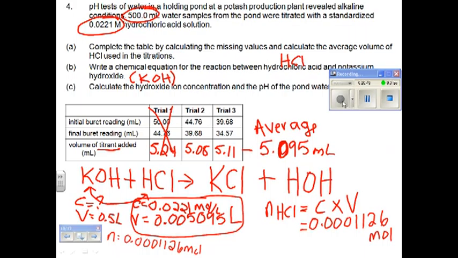Now I know the number of moles and I know the volume, so I can find the concentration. C equals n over V, divided by 0.5, 0.000225 mole per liter. Note to self, make sure to leave more room.